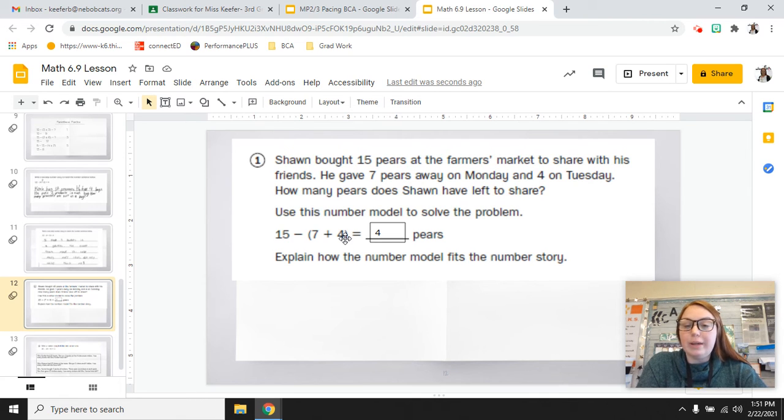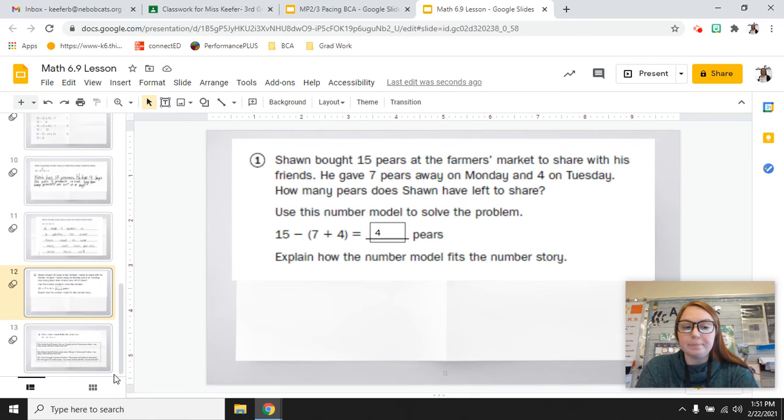So then we need to find the difference. We need to find how many pears Sean has left to share. So we would do 15 minus 11. So the total minus the number he gave away, which would equal 4. And that would be our final total. So see how the number sentence fits with the number story.